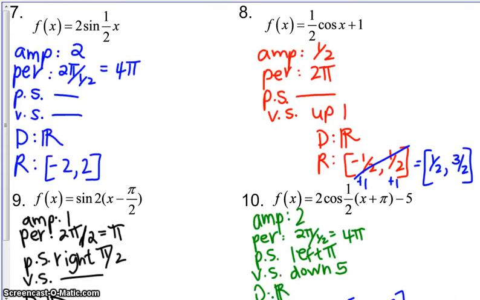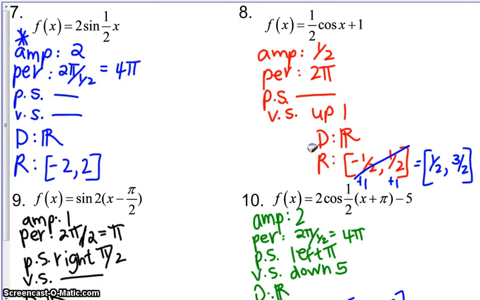Okay, check in your answers for 7, 8, 9, and 10. For number 7, your amplitude is 2, your period 4 pi, no phase shift or vertical shift, our domain is all real, and our range is from -2 to +2 because we had an amplitude change. For number 8, our amplitude is 1/2, our period is 2 pi, our phase shift is none, our vertical shift is up 1.